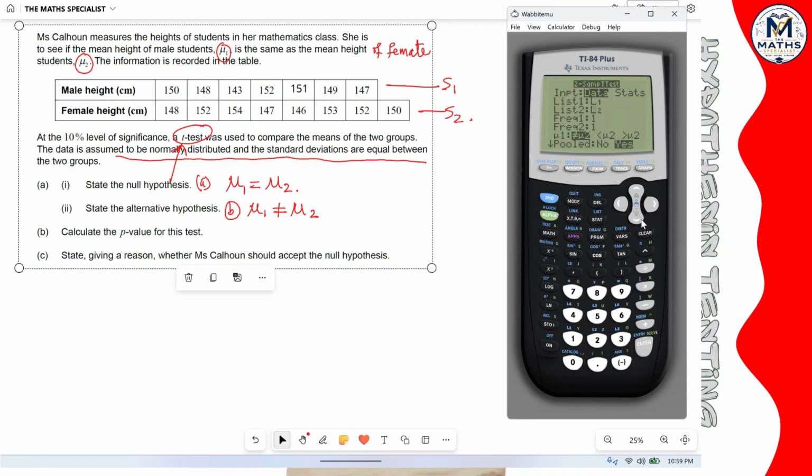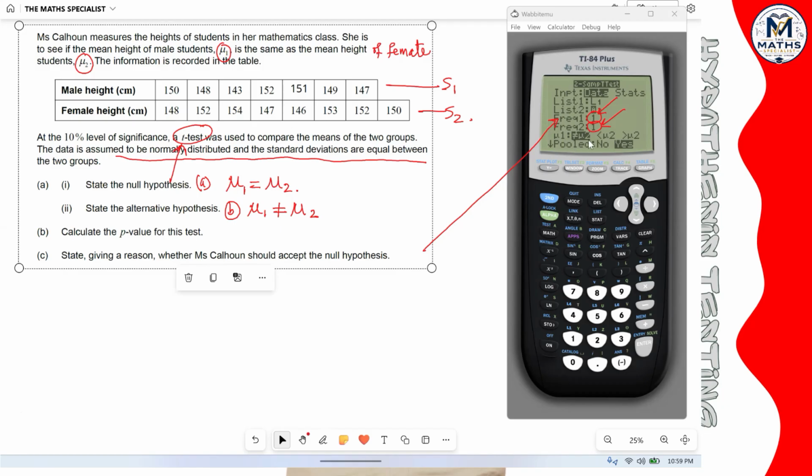Input data, fine. Then list 1 is L1, list 2 is L2. Always put the frequency value 1 in the place of frequencies, so F1 is always 1 and F2 is always 1.